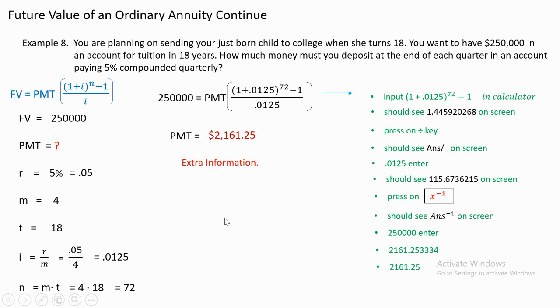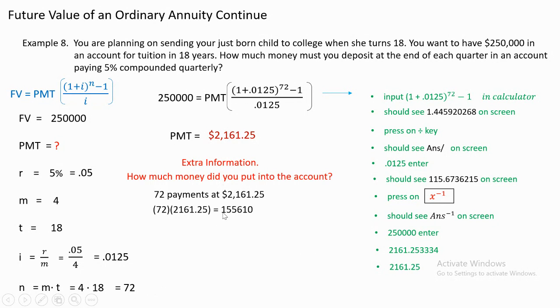How much money did you actually put in out of your pocket? So we multiply the number of payments, which is 72, by the payment. You actually put in $155,610. If you notice, this amount in blue came out of your pocket, which is $155,610.